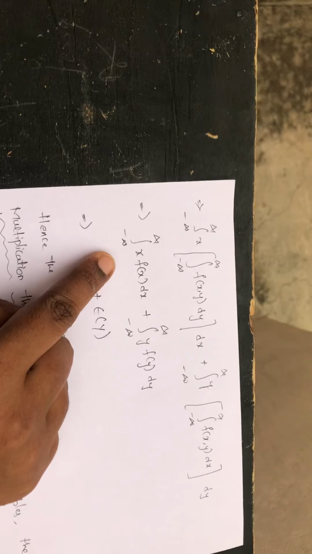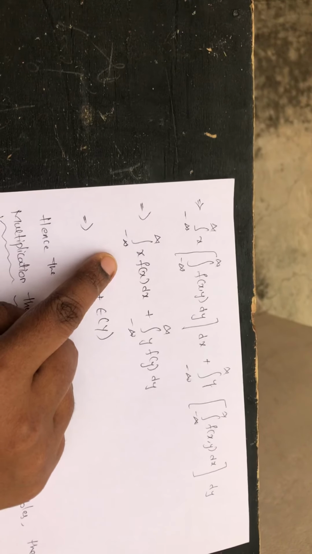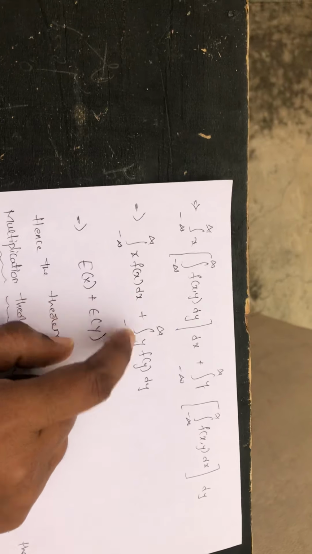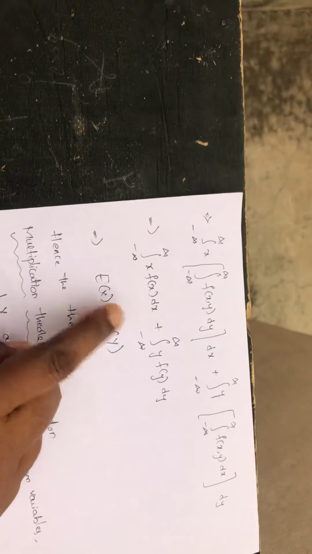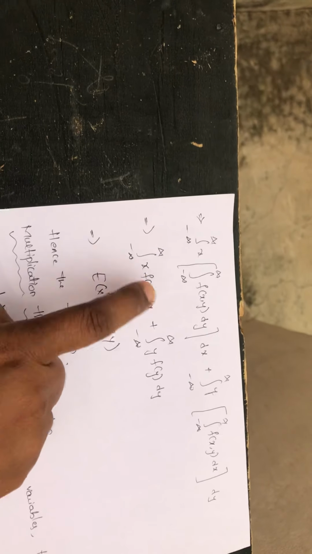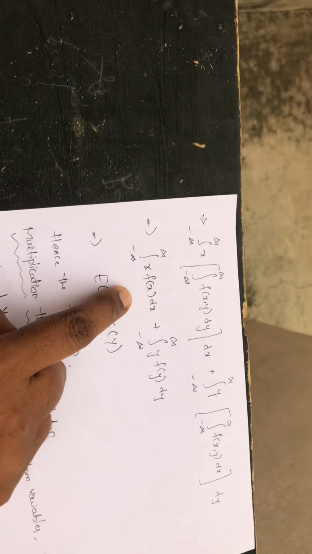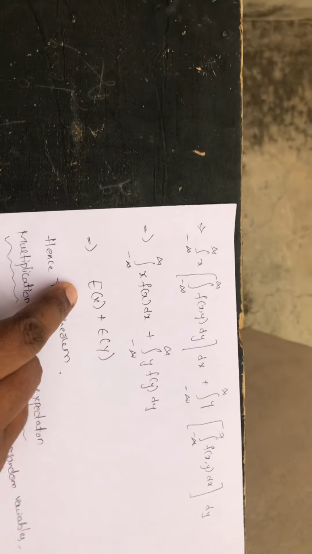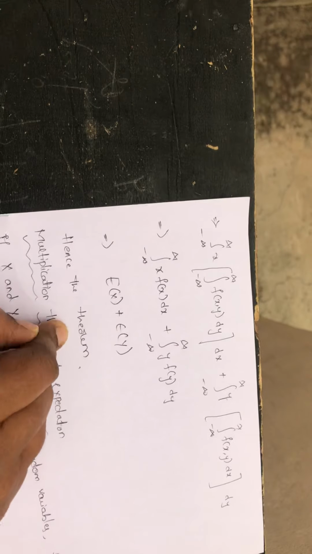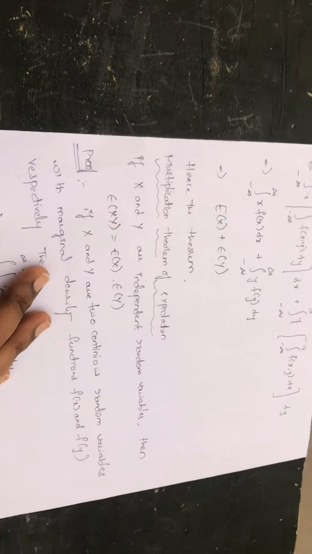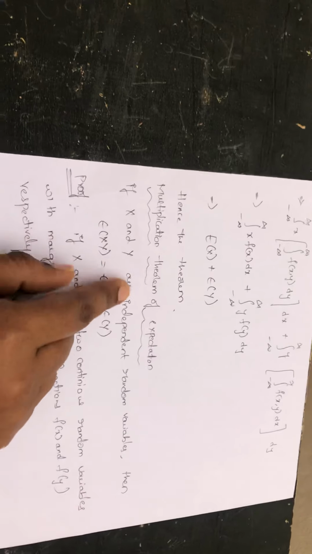So we have a formula like this: integral from minus infinity to plus infinity x f of x dx plus integral from minus infinity to plus infinity y f of y dy. This can be written similarly, it is the same as the above expectation formula. So E of x plus E of y, in the place of x we have E of y, hence the theorem.